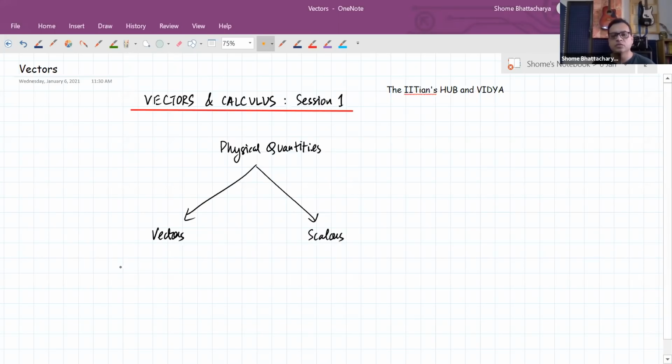And by definition, vectors are those quantities which are defined by both magnitude and direction. Okay, so these are defined by a magnitude and a direction.